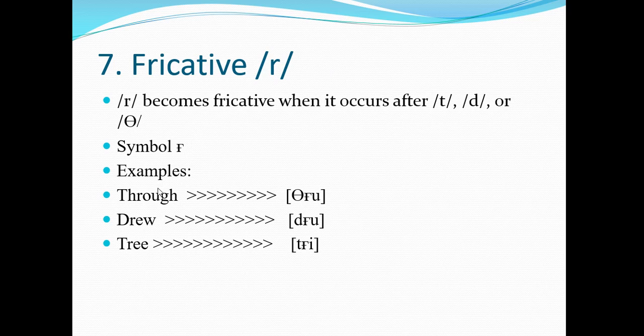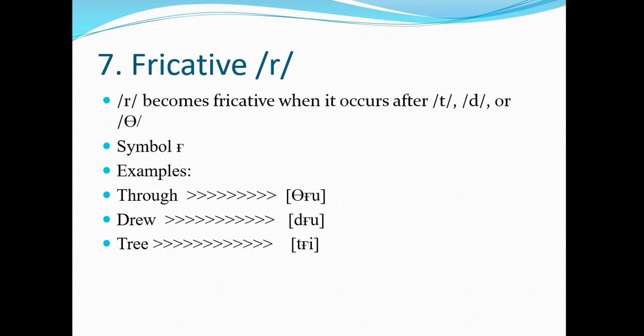Examples in these words here, we have the word through, remember? And this one, drew, and this one, tree, okay? Tree. So we have to apply the rule whenever you see a d or t before an r, okay? So this is the fricative rule that you need to apply.